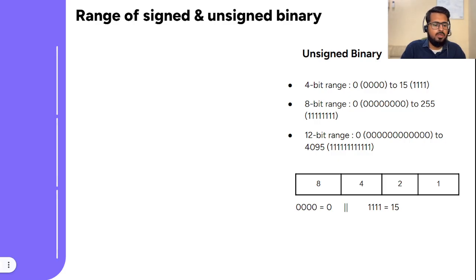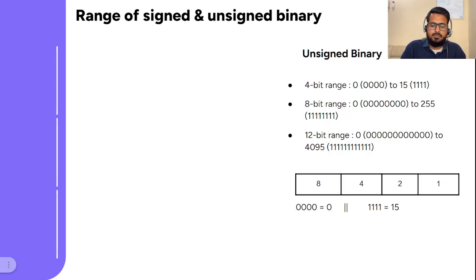If it's 4-bit, we get the range of 0 to 15. For an 8-bit register, the range is 0 to 255. In a 12-bit register, the minimum value is 0 and the maximum value is 4095.